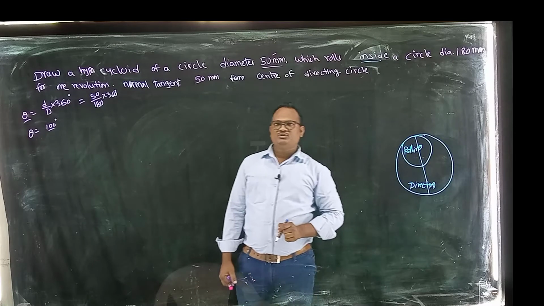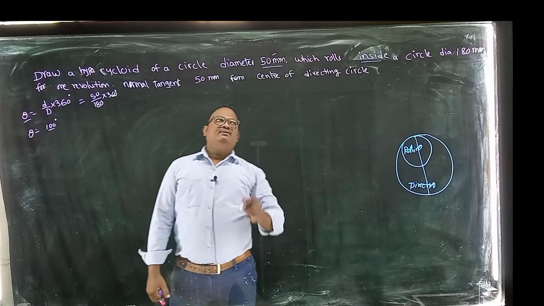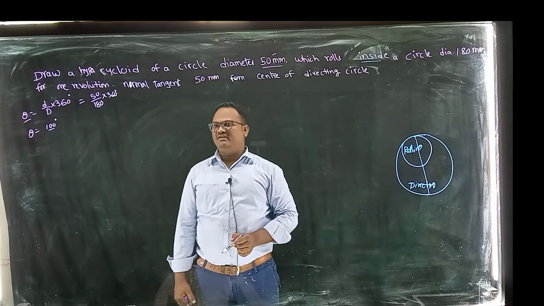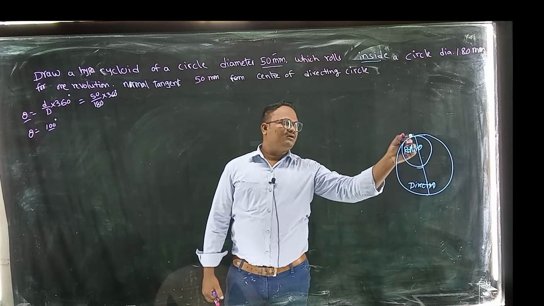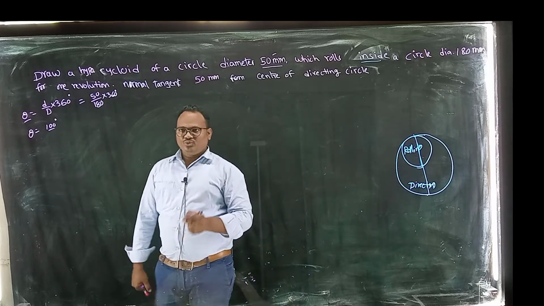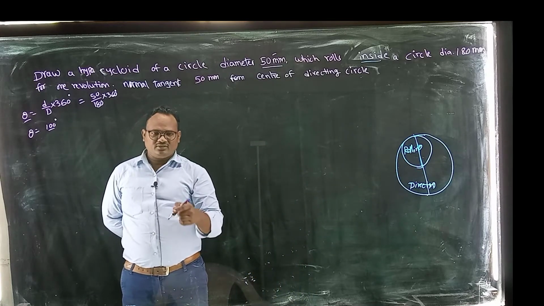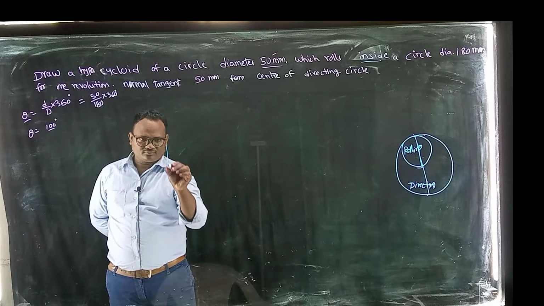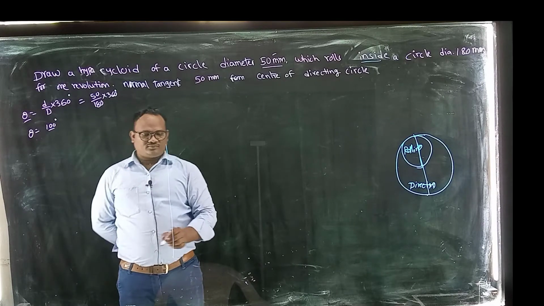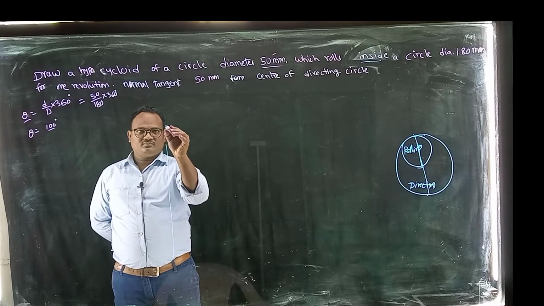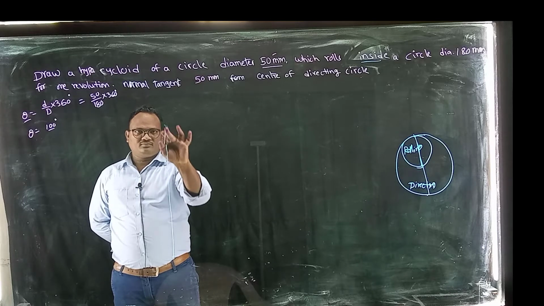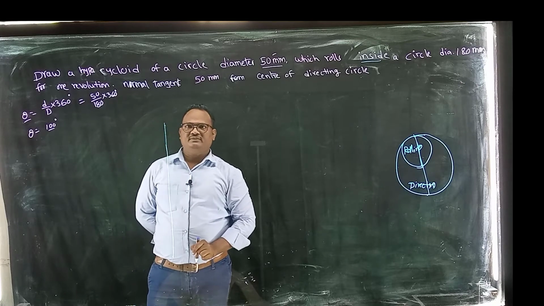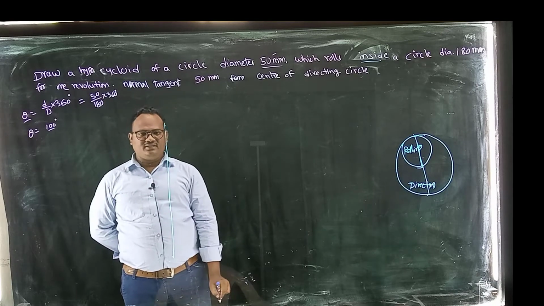Coming to our data, 180 mm is given as the diameter of the directing circle. So I am considering the radius. You can take any angle of inclination, but I am taking vertical only. This is 90 mm, that means the radius of the directing circle.